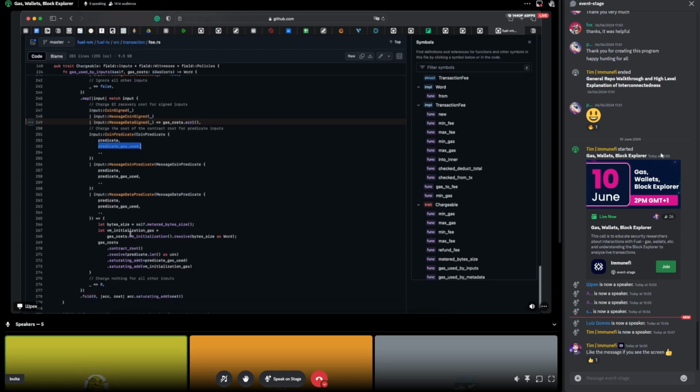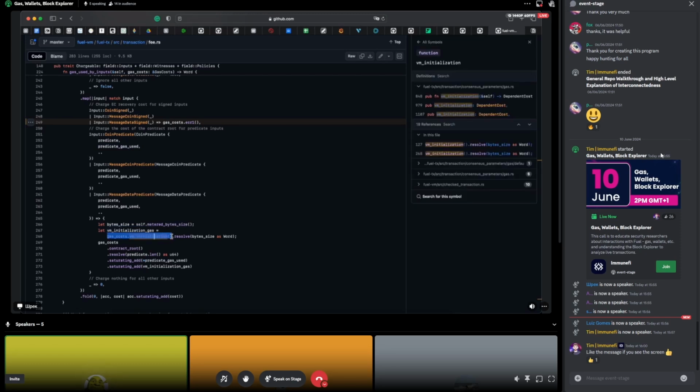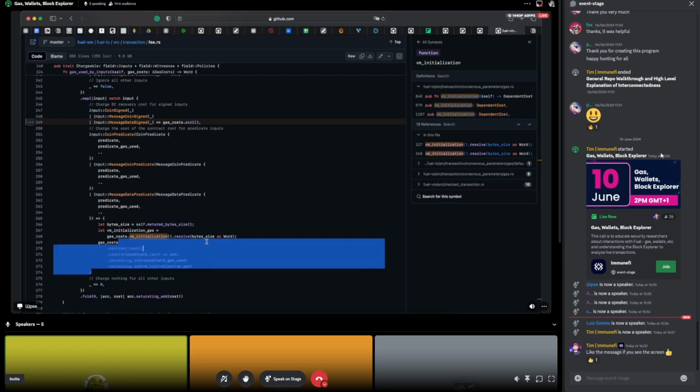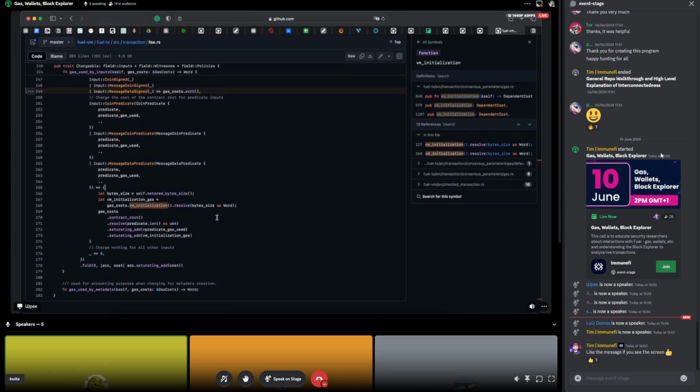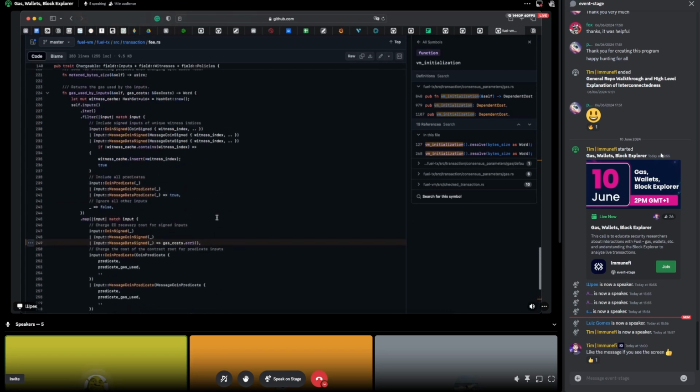And because predicate execution also requires VM initialization, we also charge for VM initialization and for predicate ID calculation, again just to verify ownership. So here you can see all the rules for all heavy operations that are required to validate your transaction, so we charge for them.